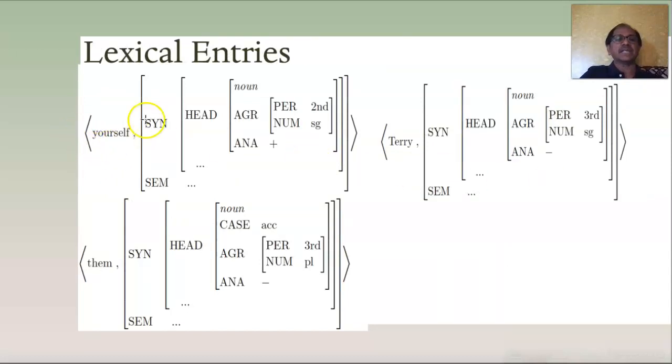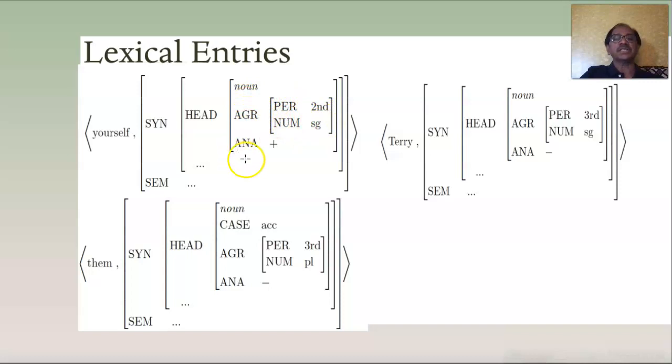You have a lexical entry like yourself. The word yourself is a reflexive. When you look at its lexical entry, remember we have had two features, syntactic features and semantic features. We are not mentioning semantic features in this slide because we don't have anything to do with the semantics now. So yourself has syntactic features. Its head value is noun, and it has the AGR feature, and AGR has a feature structure, person and number, second and singular.